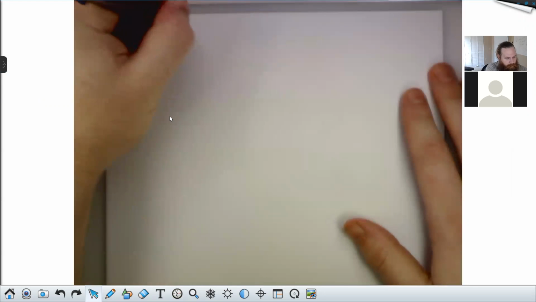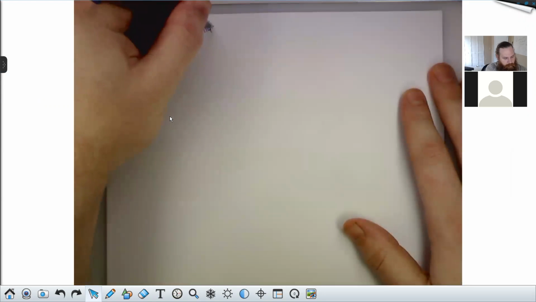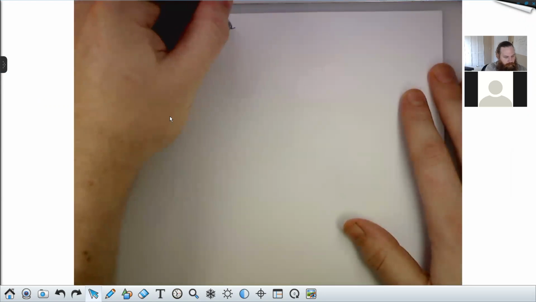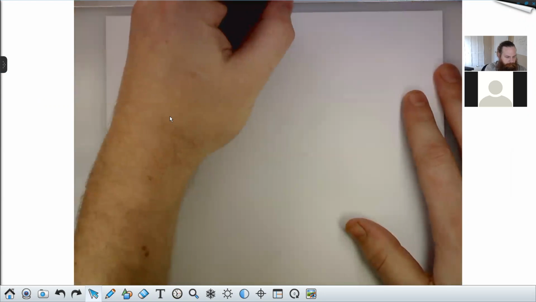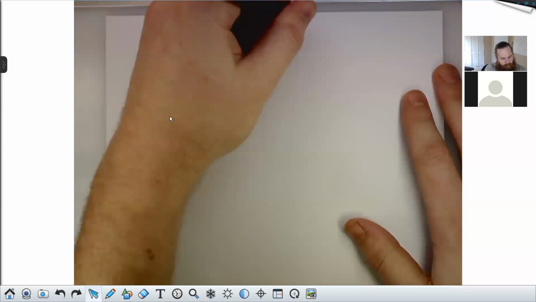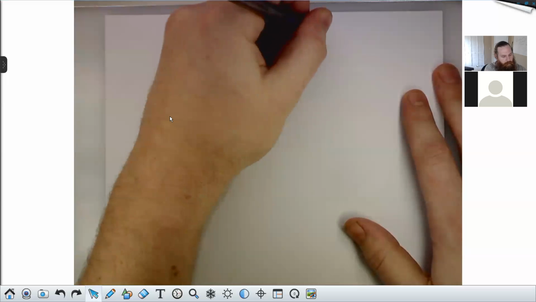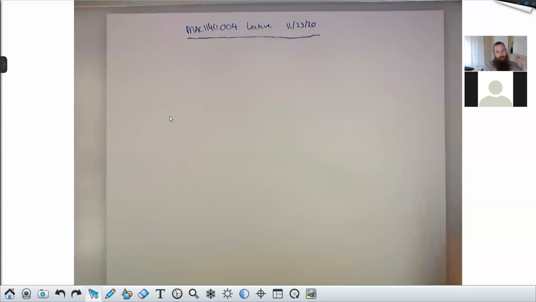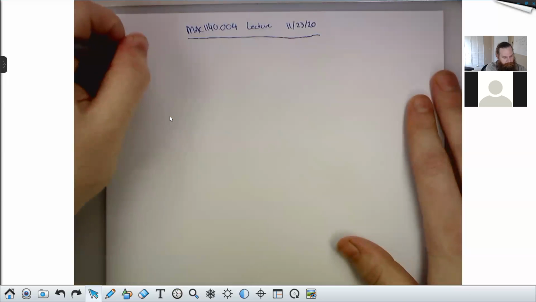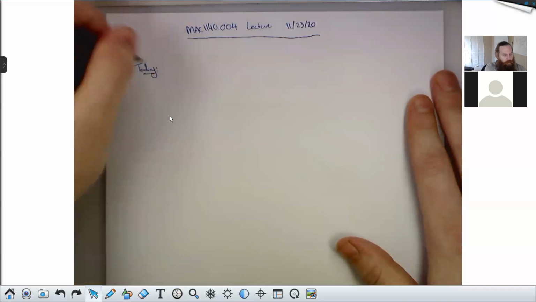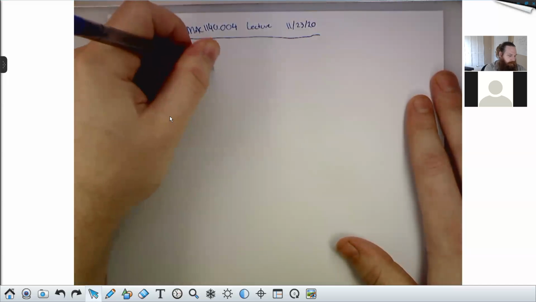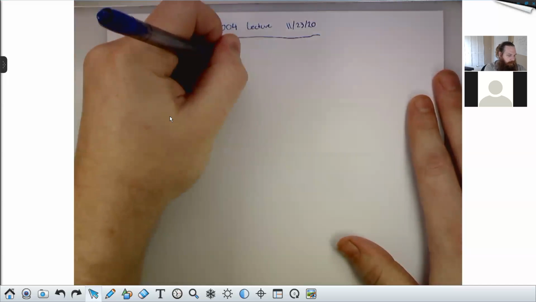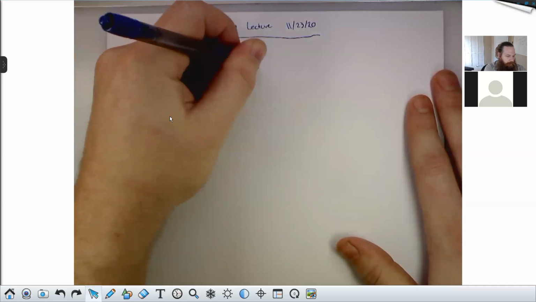So today, I'm going to show you a surefire way to solve any system. Today, we're going to learn row reduction in matrix form.